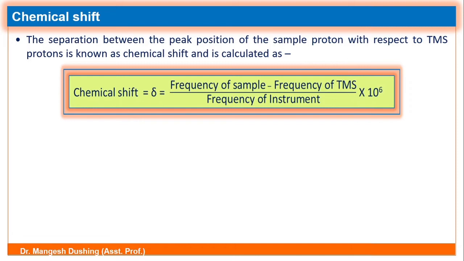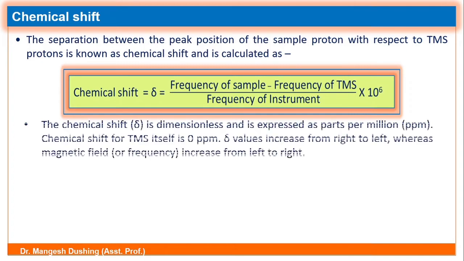Chemical shift delta is equal to frequency of the sample minus frequency of the TMS, divided by frequency of the instrument, times 10 raised to 6. The chemical shift delta is dimensionless and it is expressed in parts per million.